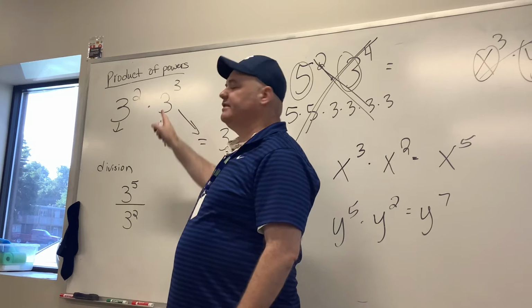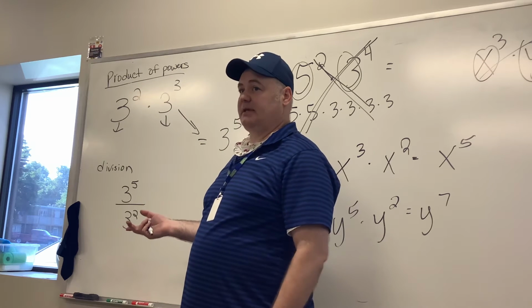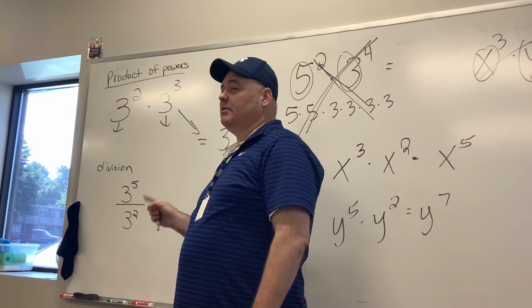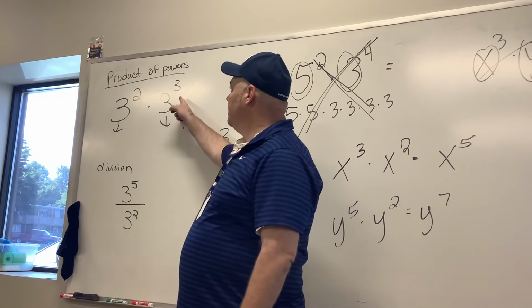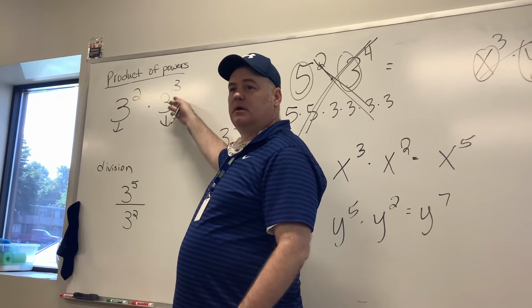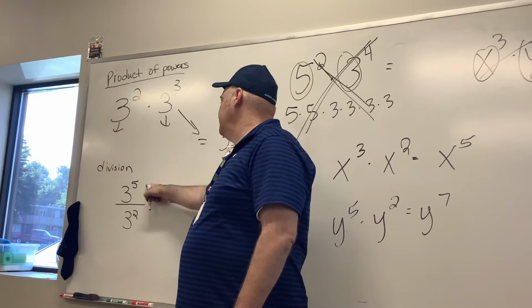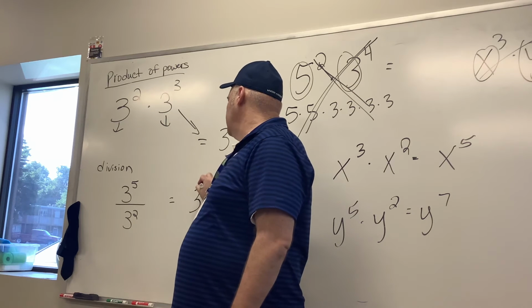Do you think we're going to add the exponents? So do the exact same thing as multiplication? No. Instead of adding, what do you think we do with the exponents? We subtract. Up here, because we're multiplying, we're adding. Down here, we're going to subtract the 2. So what would 5 minus 2 be? 3. 3 to the 3rd power.